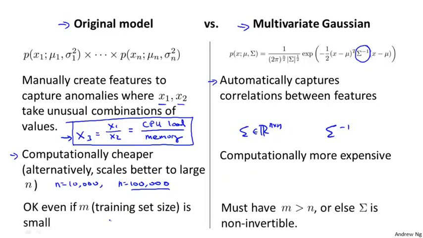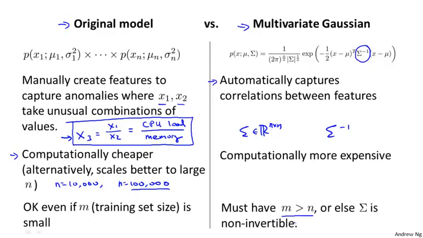And finally, for the original model, it turns out to work okay even if you have a relatively small training set. This is a small unlabeled set of examples that we use to model p of x, of course. This just works fine even if m is maybe 50 or 100. Whereas for the multivariate Gaussian, it is a mathematical property of the algorithm that you must have m greater than n, so that the number of examples is greater than the number of features you have.